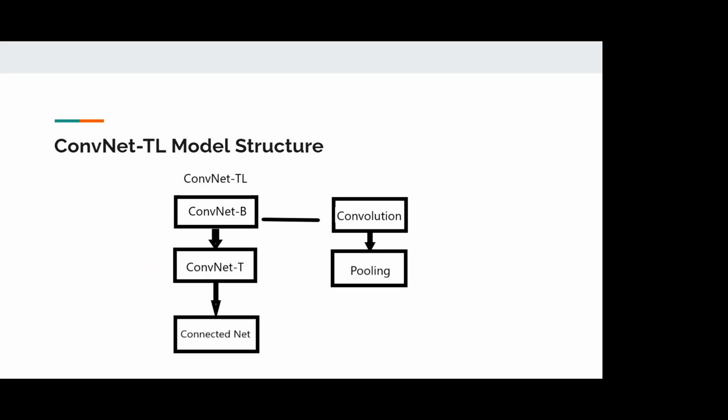So it has two concatenated CNNs, ConvNet B and ConvNet T, where the outer layer is connected.